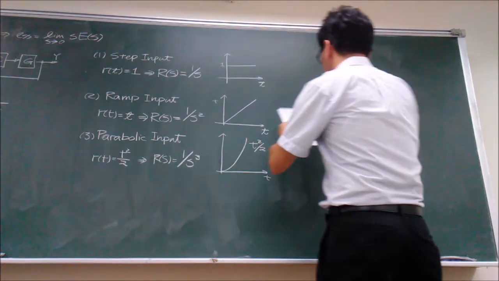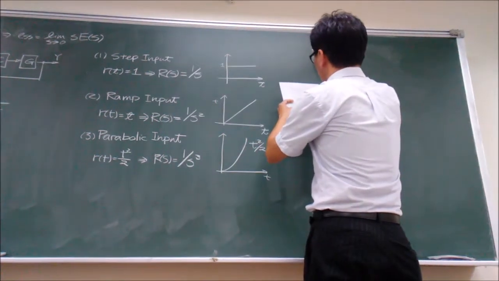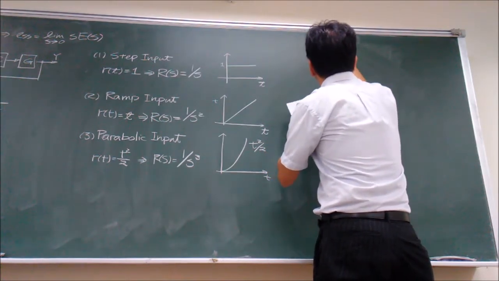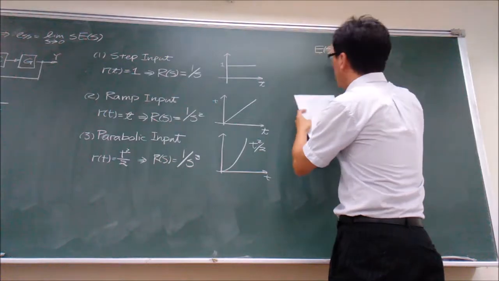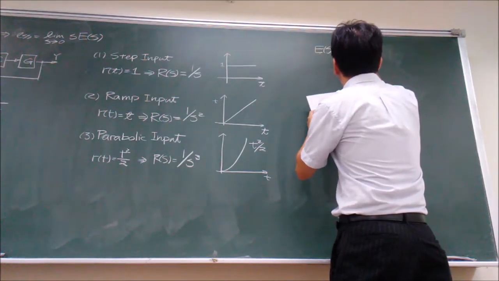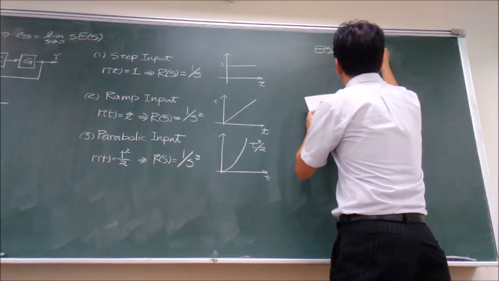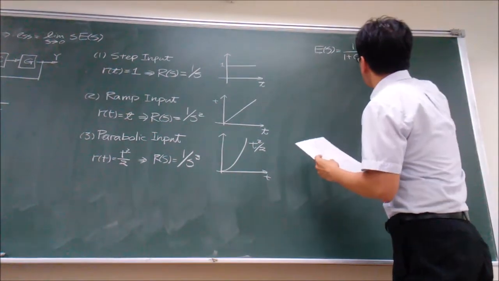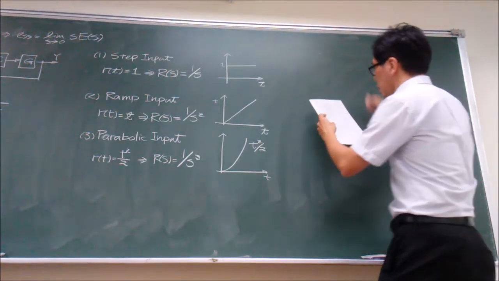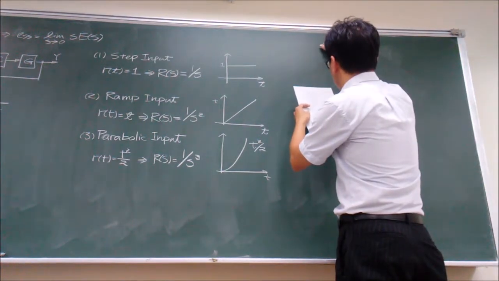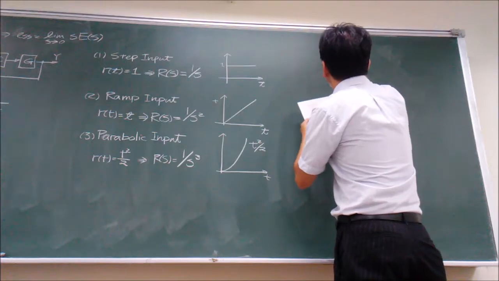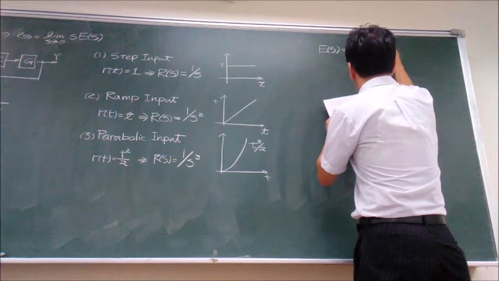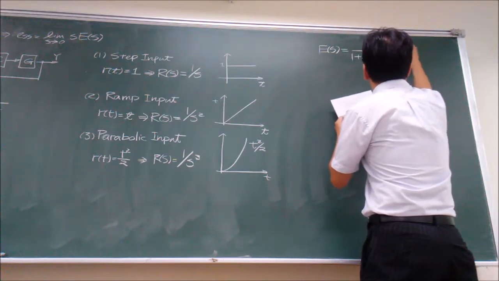So it means that my E(s), that's on the other side, is going to be 1 over 1 plus CG, something like this. Let's just simplify everything to make E(s) equal to 1 over 1 plus G(s) times R(s).